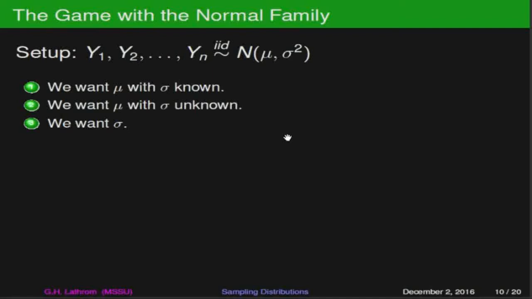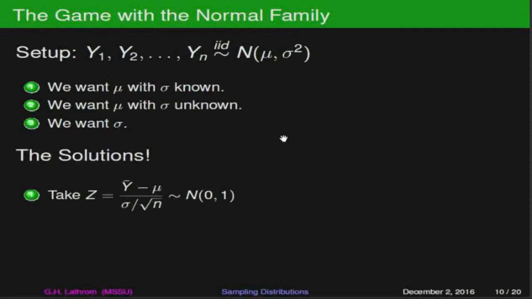So what are the solutions? For the first question, if we want mu, but we know what the standard deviation is, then we've got our z variable. And our z variable is just y bar minus mu over sigma over root n. And we know that this is going to be distributed standard normally. For the second problem, we want mu, but we don't know the standard deviation, and for that we have the distribution that we just used.